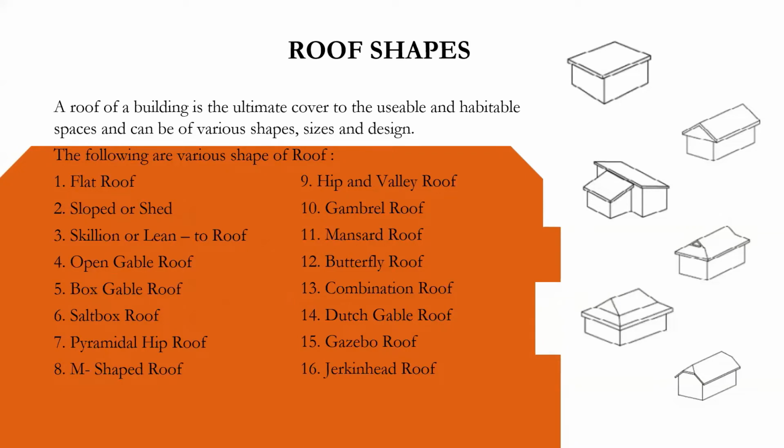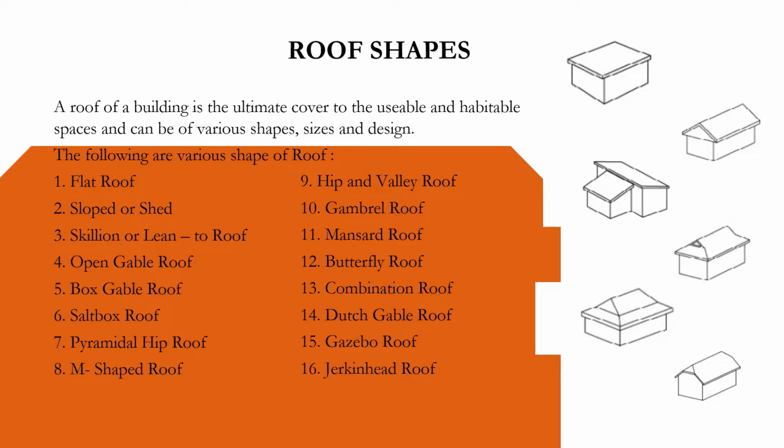Roof shapes. A roof of a building is the ultimate cover to the usable and habitable spaces and can be of various shapes, size and design. The following are various shapes of roof.